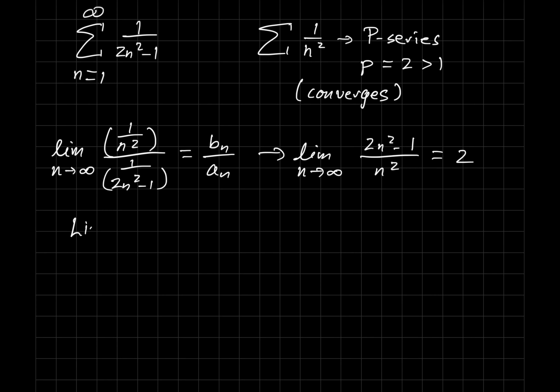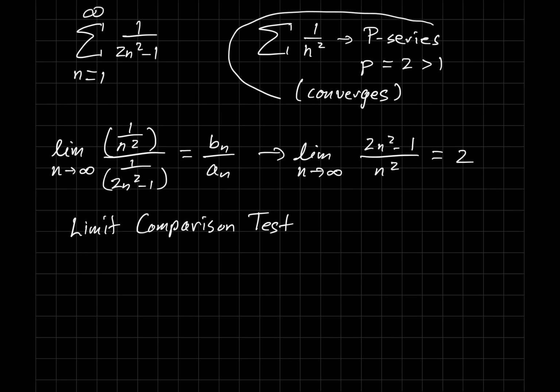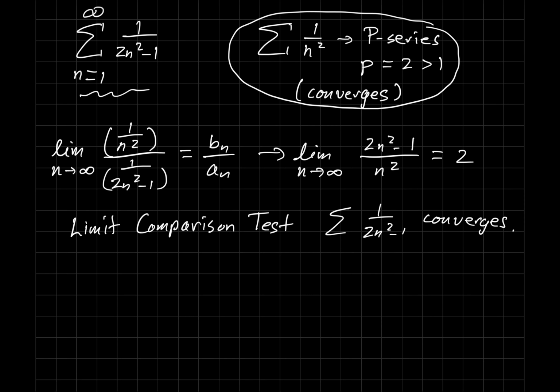So by the limit comparison test, since the p-series I compared my unknown series to converged, my unknown series will converge also. Quick note, if I had flipped these the other way, I would have gotten a value of 1/2, but that would not have changed anything.